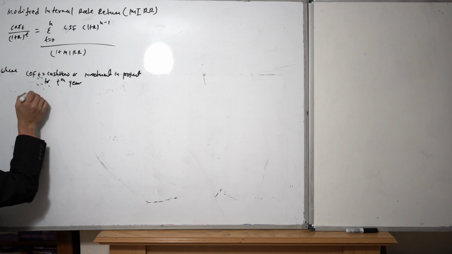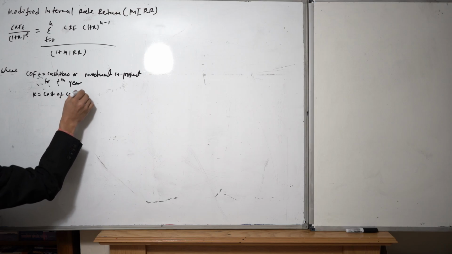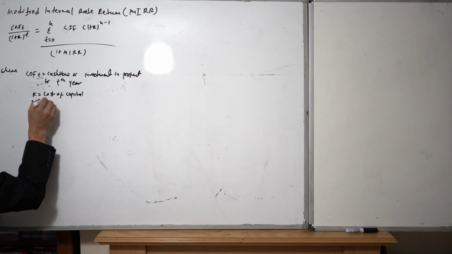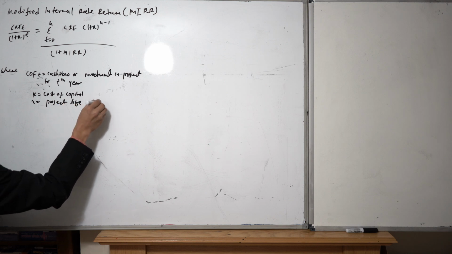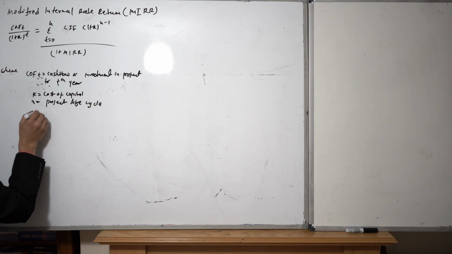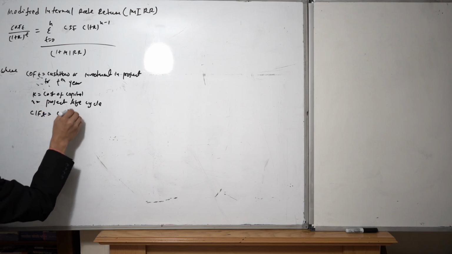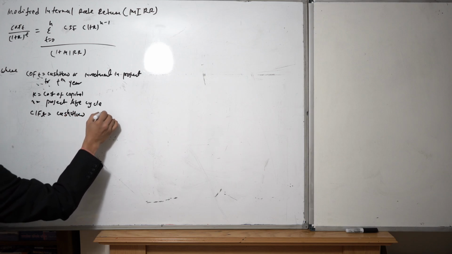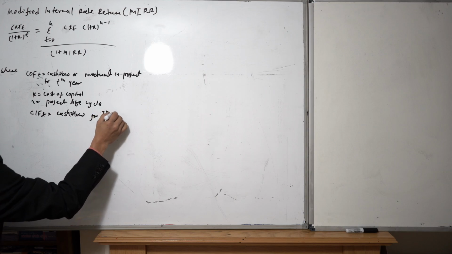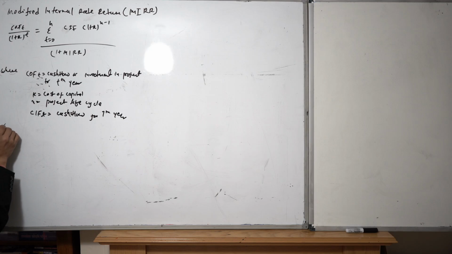K is equal to cost of capital, n is equal to project life cycle, and CIF t is equal to cash inflow for the t-th year. So we have steps here.